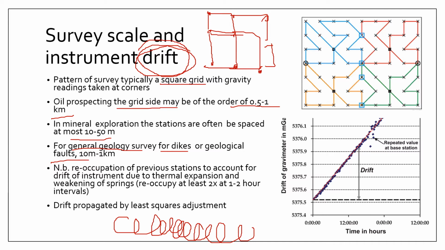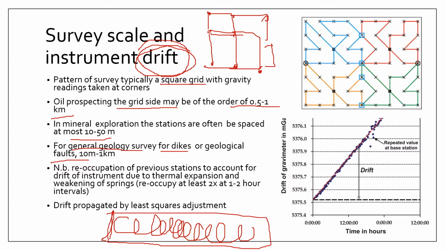When we are doing surveys, it's natural to be exposed to fluctuations of temperature, and it's not unusual to be subject to temperature fluctuations exceeding 10 degrees Celsius. So that temperature fluctuation will of course impact the performance of your metal spring.